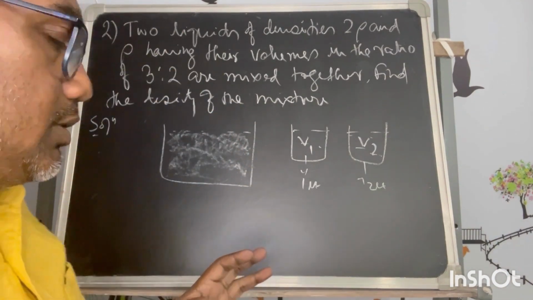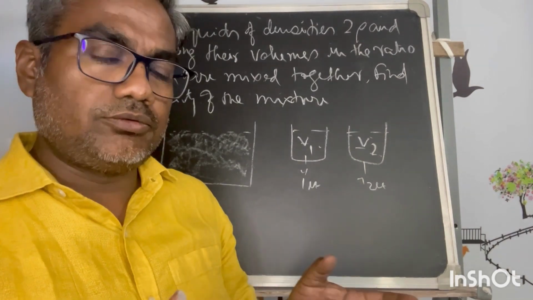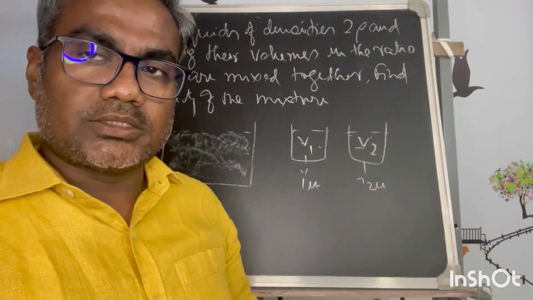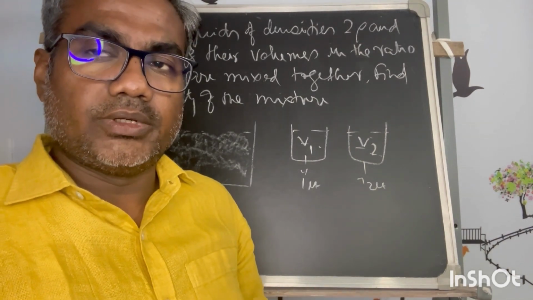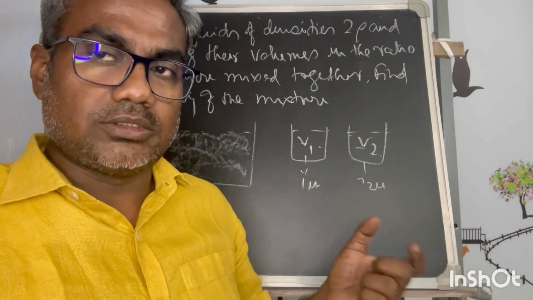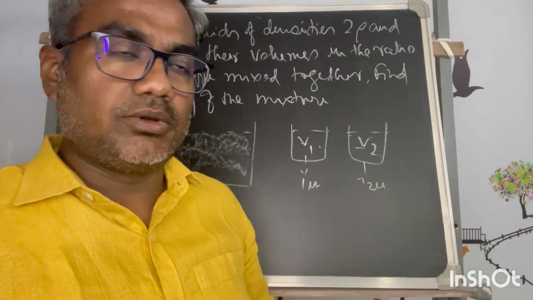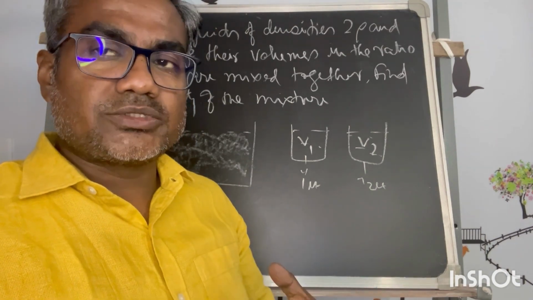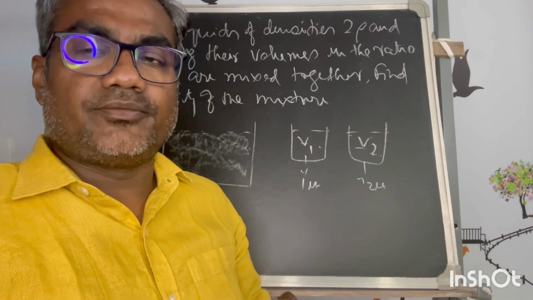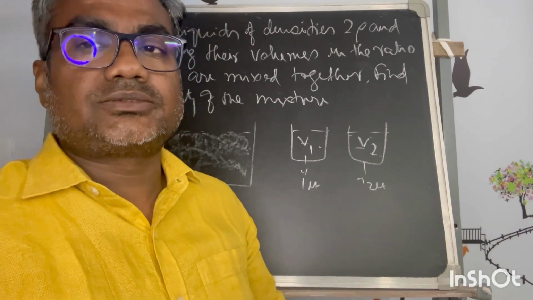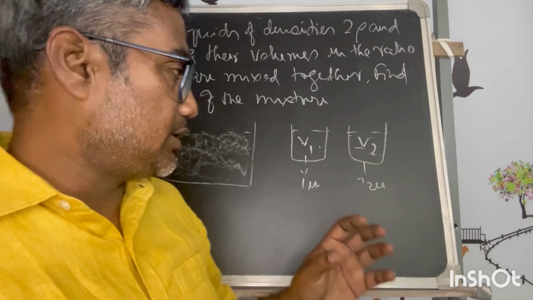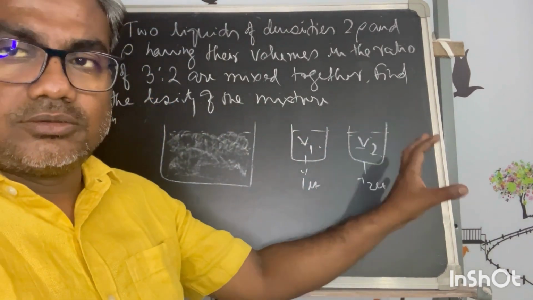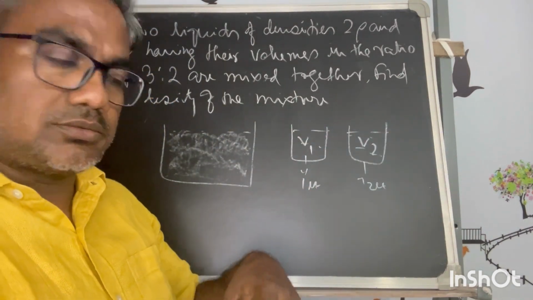There is nothing you can detect as a separate liquid individually. There may be a possibility the liquids are mixed and form another liquid with some other characteristic, but anyhow you cannot separate those liquids. So these form a homogeneous mixture.